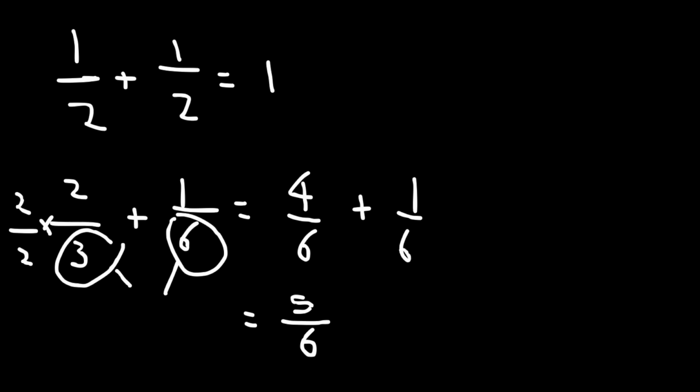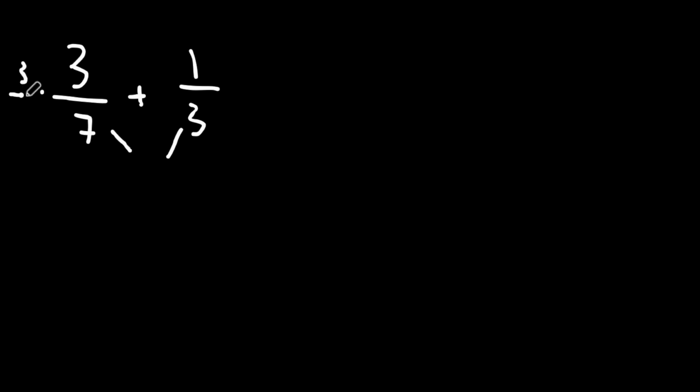The other way of doing it is, let's try another number. What if you have 3 over 7 plus 1 over 3? For 7 and 3, their lowest common multiple is really just 7 multiplied by 3. So you have to multiply by 3 on the left side, and you have to multiply by 7 on the right side.